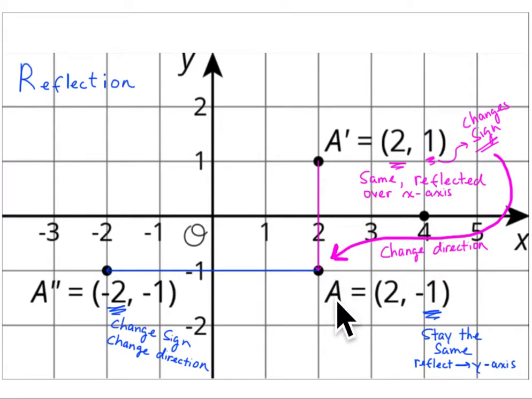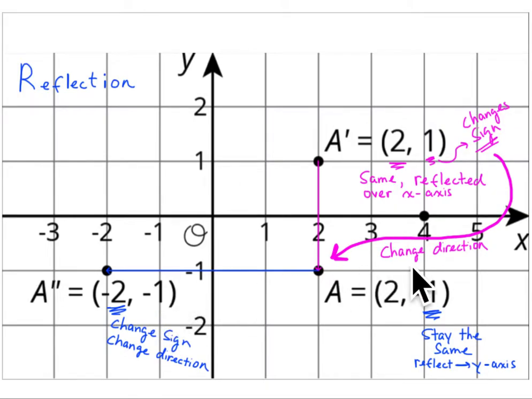Now if you're going from A to A double prime, this is called a double prime, this is reflected over the y-axis. So notice that the y value is the same because you're traveling down the y-axis to a -1 unit.